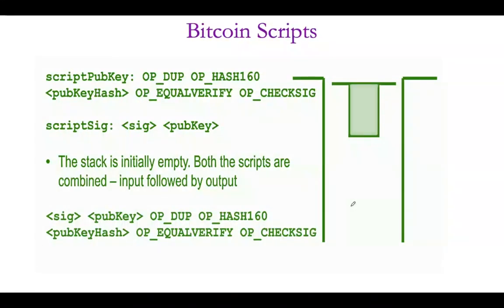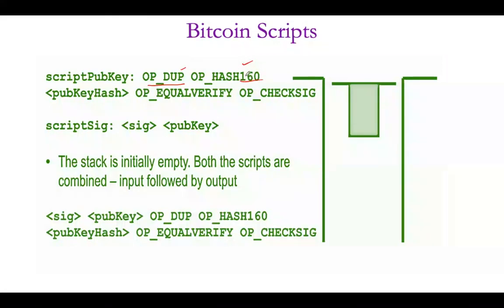So how does this operation take place? As we said, the Bitcoin script takes two inputs: one is the script public key, another one is the script signature. In the script public key, when you are trying to create the coin, you use the instruction OP_DUP to duplicate the public key on top of the stack, and then use that public key to create the hash value, that is the 160 digest.